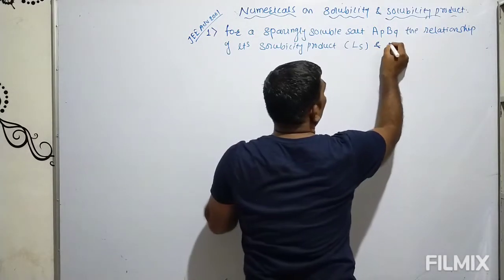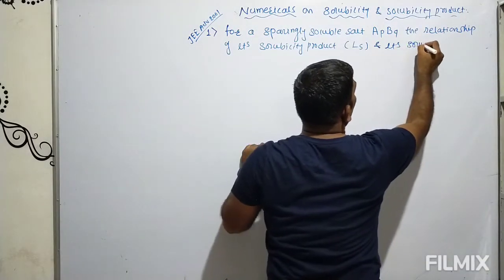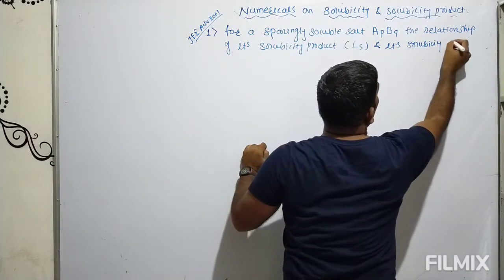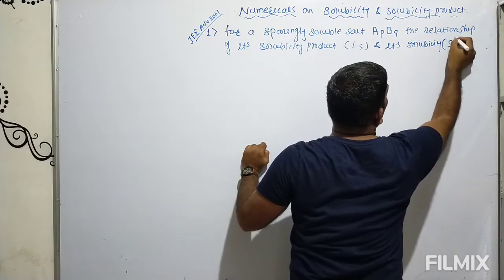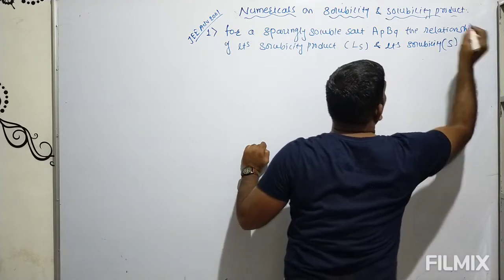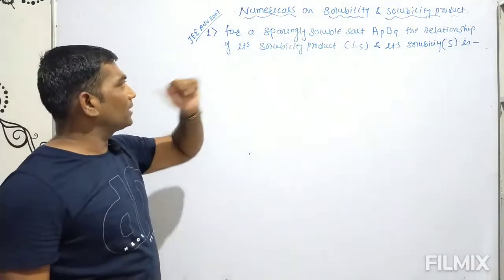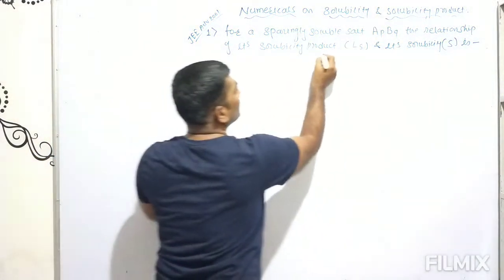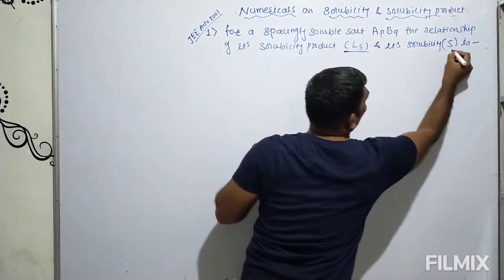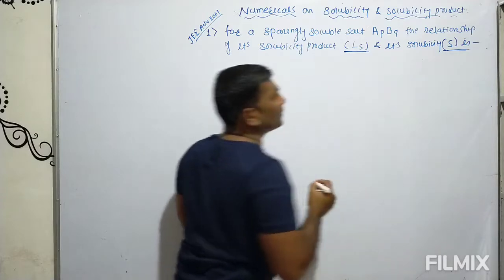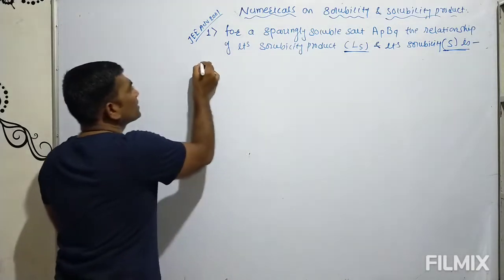For the sparingly soluble salt ApBq, the relationship of its solubility product LS and solubility S is given by. Four options are given.